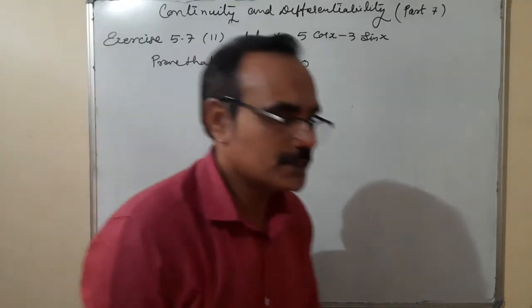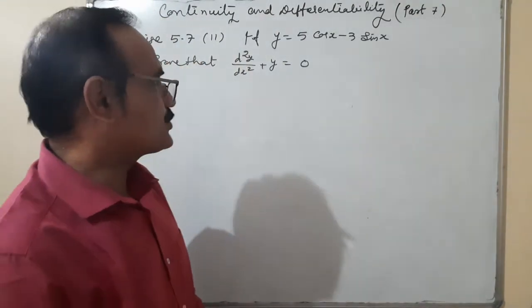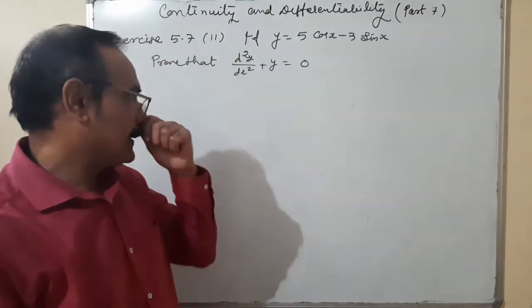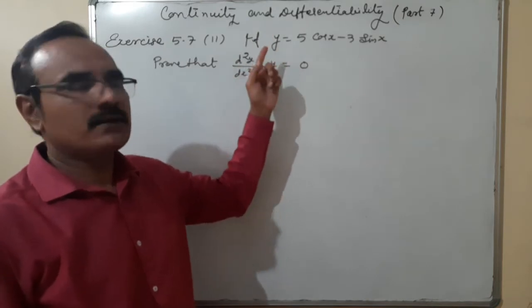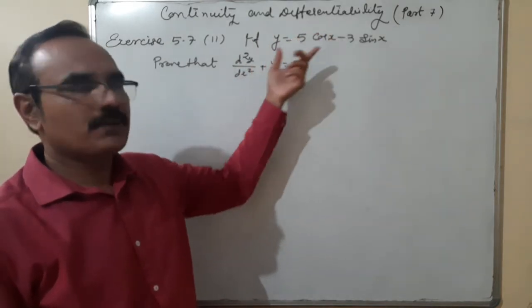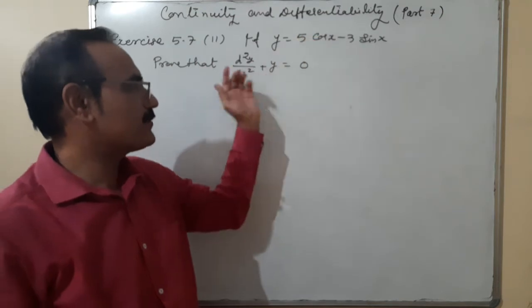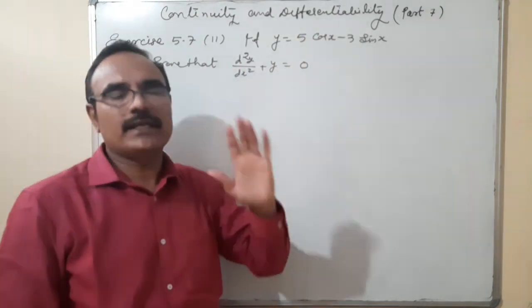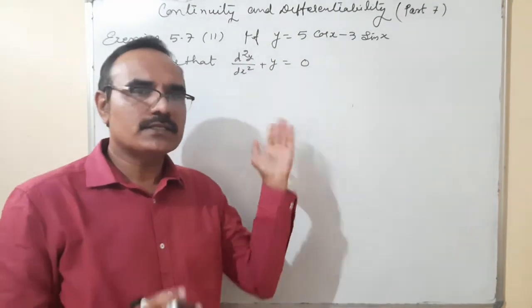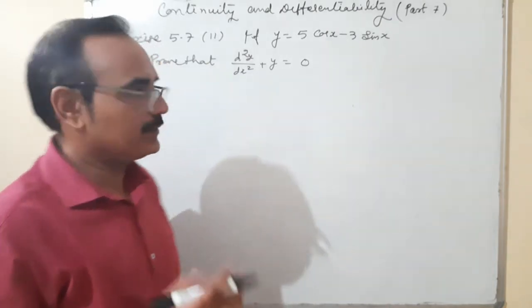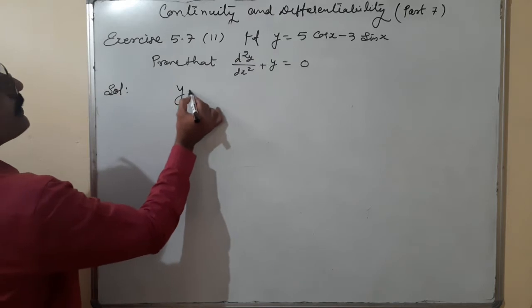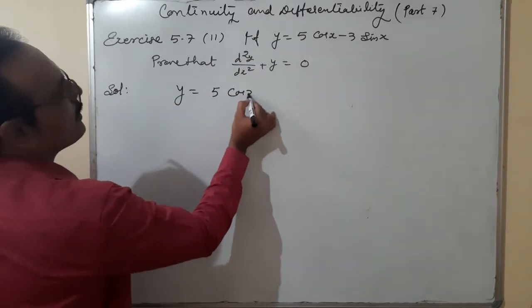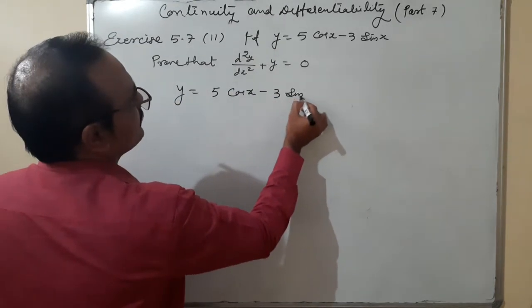These types of questions can be solved in two ways. Number one, we find d2y by dx square, that means the second derivative is required here. Whatever second derivative term comes, substitute it here along with the value of y, and when we calculate, the result is 0. And second, this term automatically comes after the second derivative. So y is equal to 5 cos x minus 3 sin x.